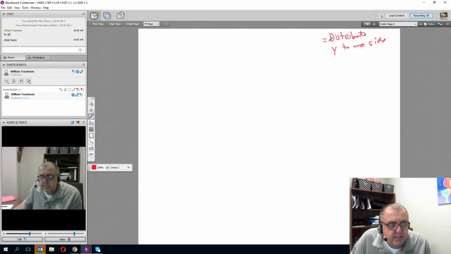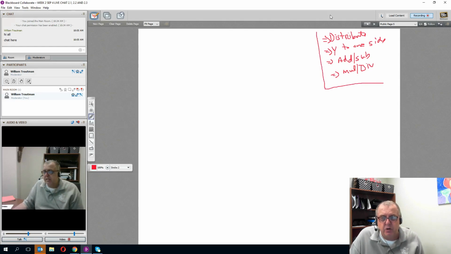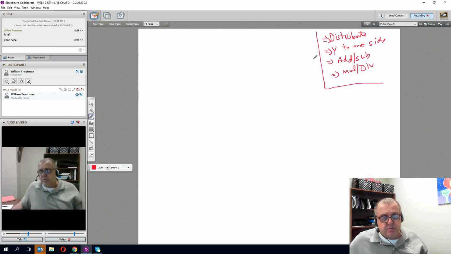So we're going to write down these steps. Distribute, get the y's to one side. Next, we're going to add and subtract numbers. And then we're going to multiply and divide numbers. So these are our steps for solving for x for now. We might have some fractions or something later, but these are the steps for solving.